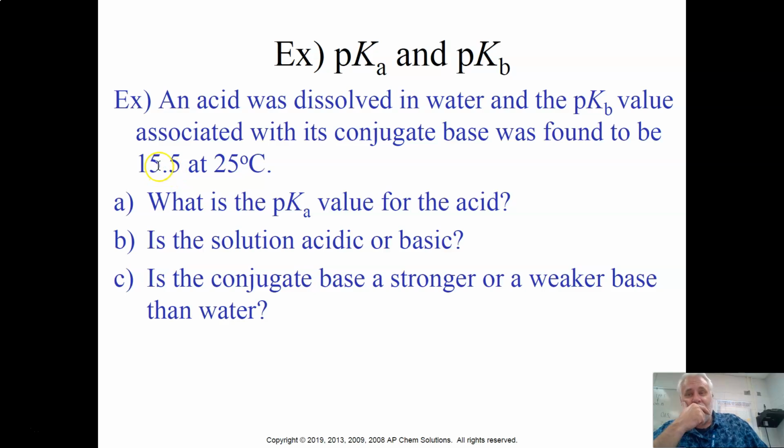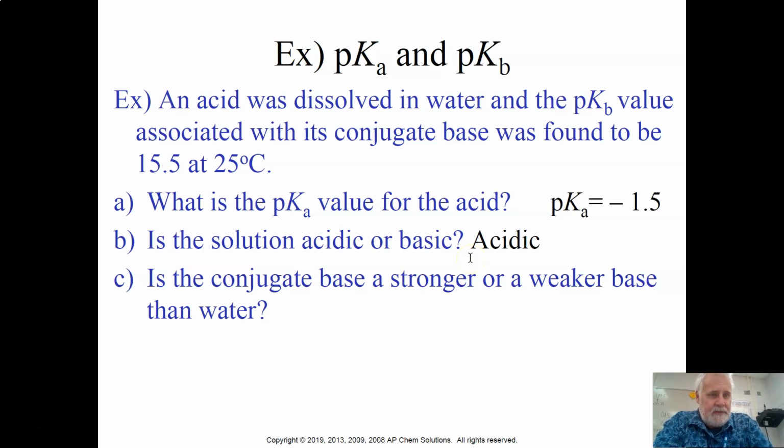So what number do you have to add up to get 14? For pKa, a negative 1.5 will give you 14 for that. So you can see that our pKa value is very small, making that an acidic solution.